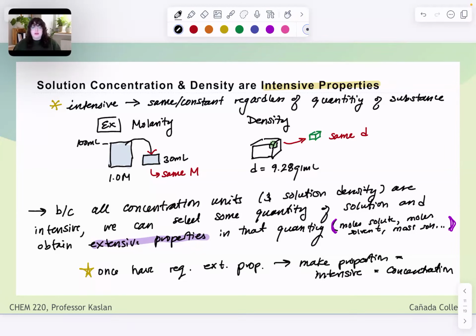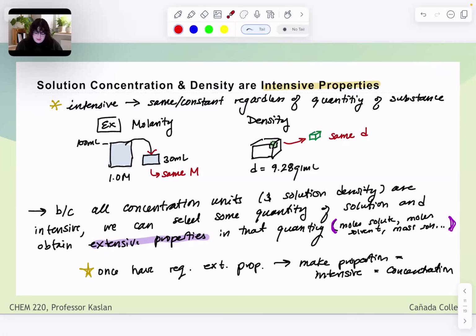So it all depends on what kind of concentration unit we're talking about, what proportions or things are being related, what kind of extensive properties are being related in that concentration unit, and how I can get an example of some quantity of those extensive units in a chosen sample of solution, which I can then make a ratio of to get a concentration.